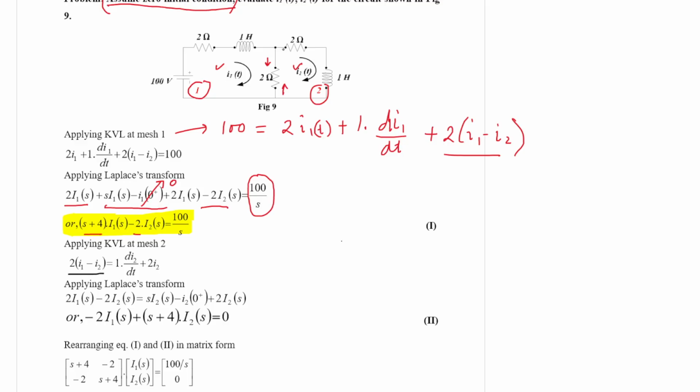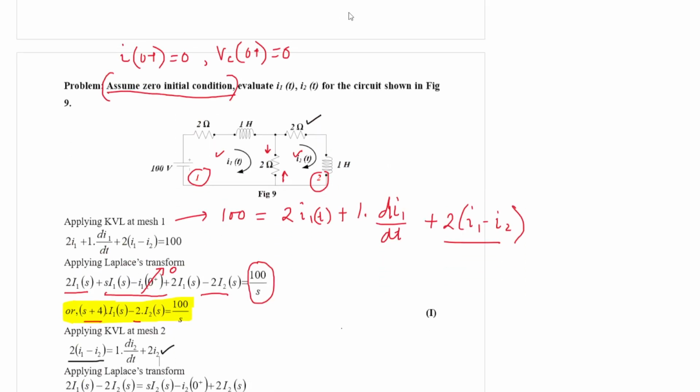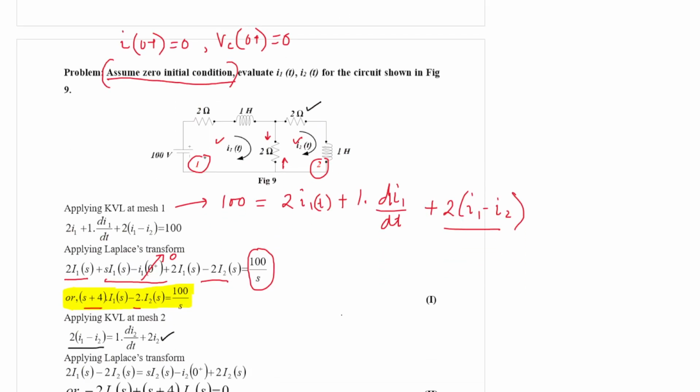Then we have a 2 ohm resistance, the current flowing through it is I2(t), so we write that as 2I2, and the current flowing through the 1 Henry is I2(t), so the voltage drop across this will be 1 into dI2/dt. If you follow the polarity, the current flowing through the shared 2 ohm resistance is I1 minus I2, from left to right, so this should be plus and this should be minus.